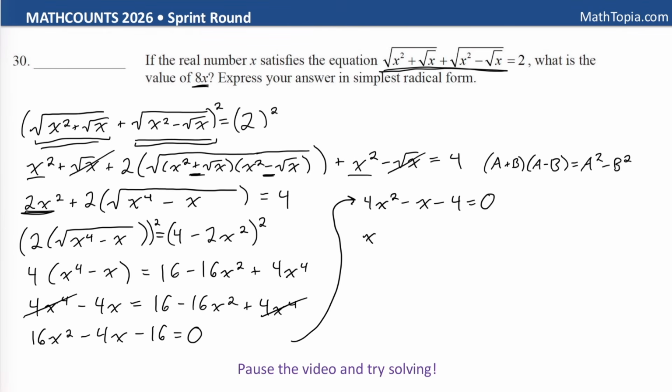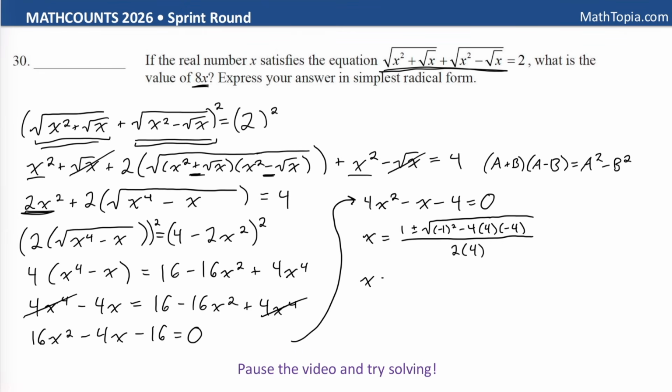So x equals 1 plus or minus the square root of negative 1 squared minus 4 times negative 4 all over 2 times 4.